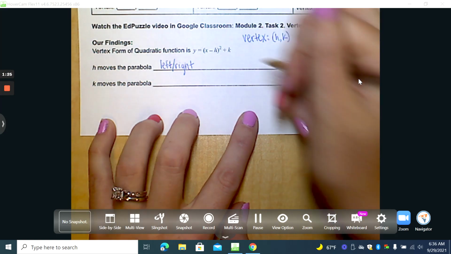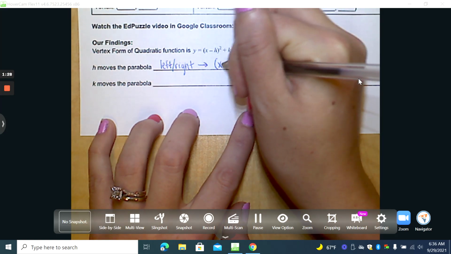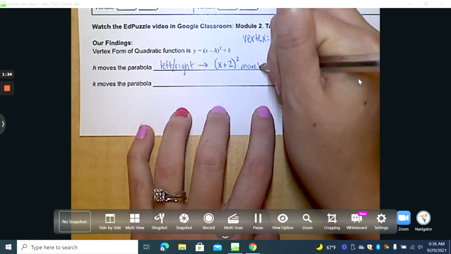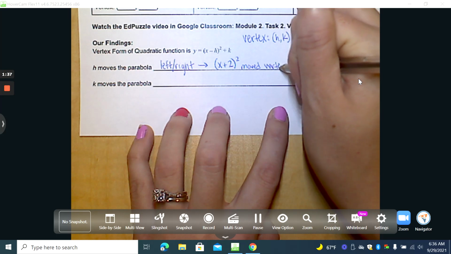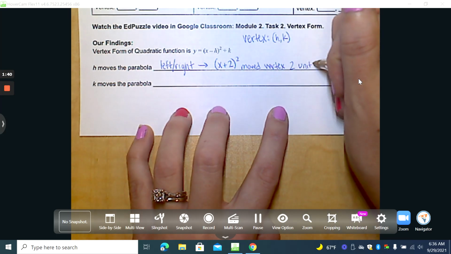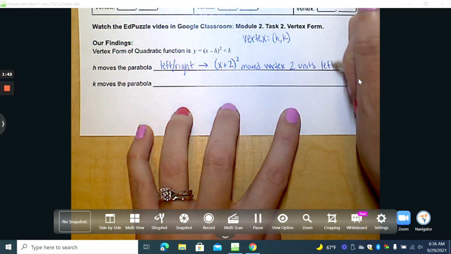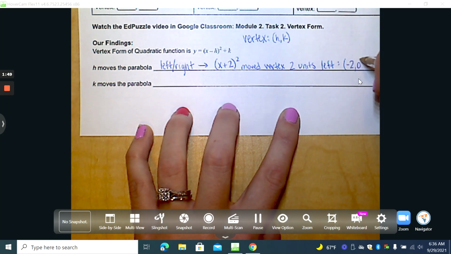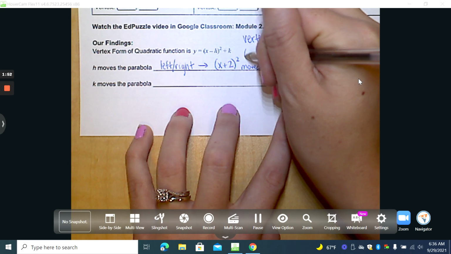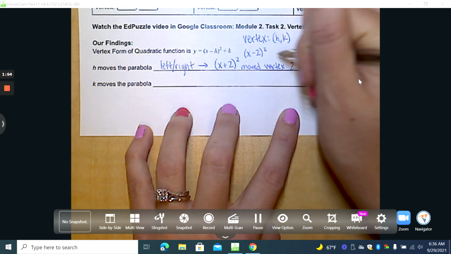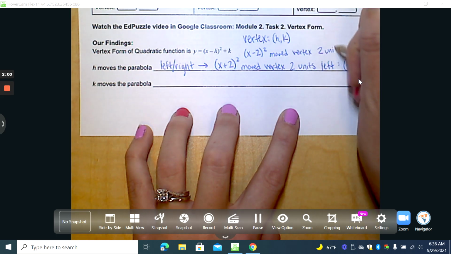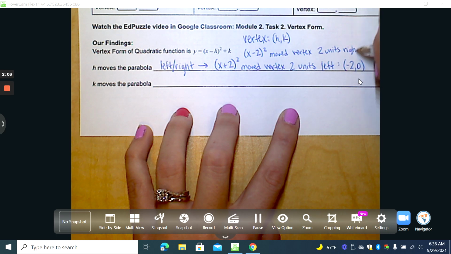I have that nice example from above where if I have x plus 2 squared, that moved my vertex 2 units left, and my vertex was at negative 2, 0. And if I had that other situation, x minus 2 squared, that moved the vertex 2 units to the right, and my vertex was positive 2, 0.